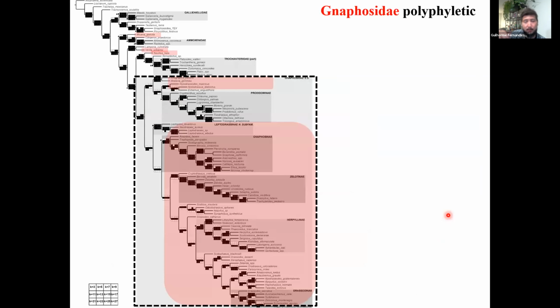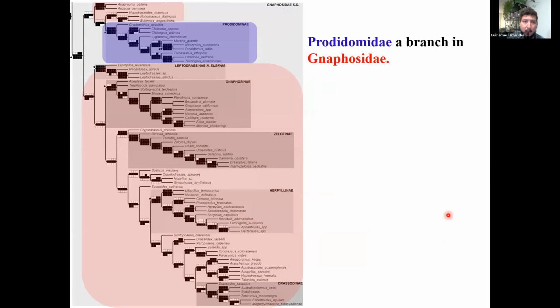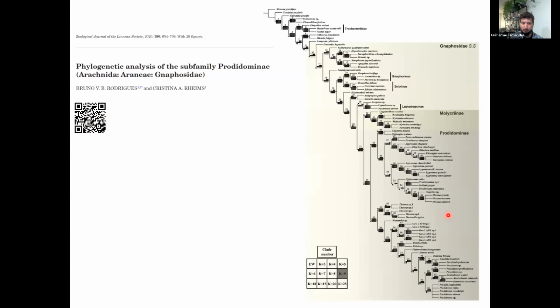Even if you consider that they are not gnaphosids, gnaphosid still looks paraphyletic, because in the middle we have protostomids as a branch of gnaphosid. And this is a recurrent result found in other morphology related papers.